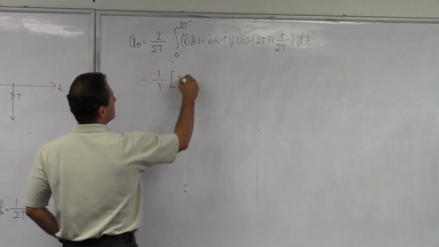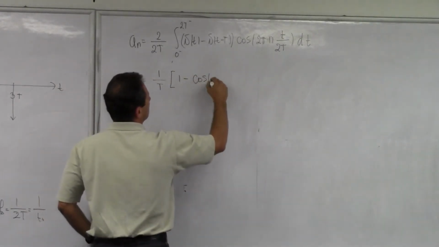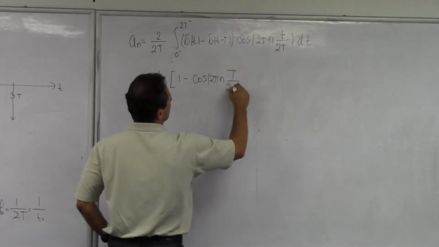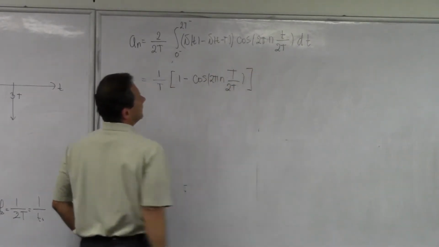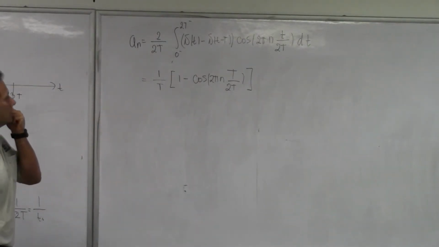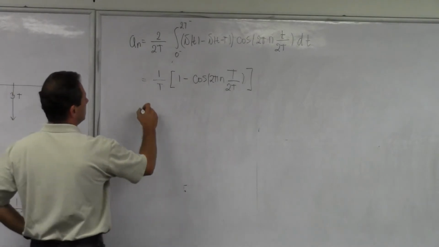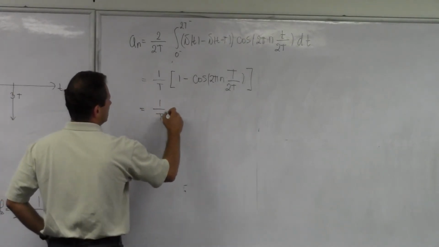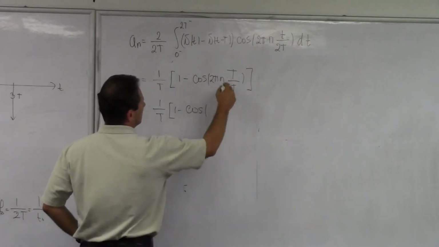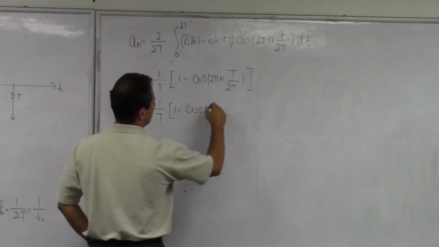And then minus cosine 2 pi n times capital T over 2T. That's it. That's the integral. So let's tidy this up a little bit. This becomes 1 over T, 1 minus cosine, 2 and 2 cancel, and I have n pi.